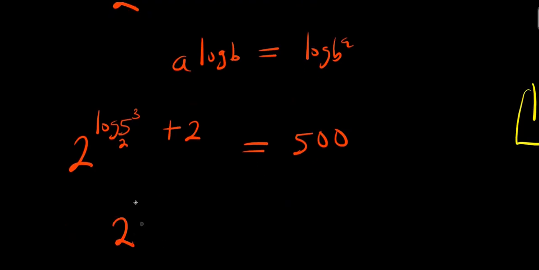Now this will give you 2 power log 5 to the power of 3, that's 5 times 5 times 5, that's 125, to the base of 2 plus 2 equals 500.